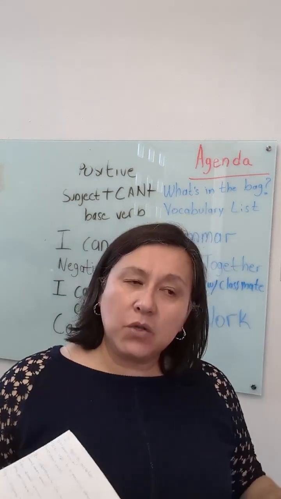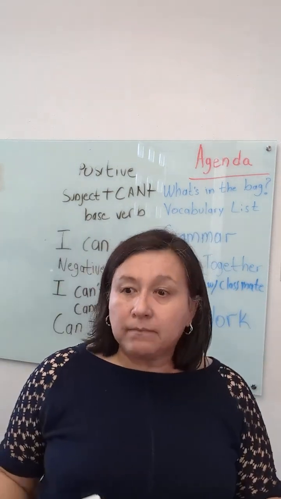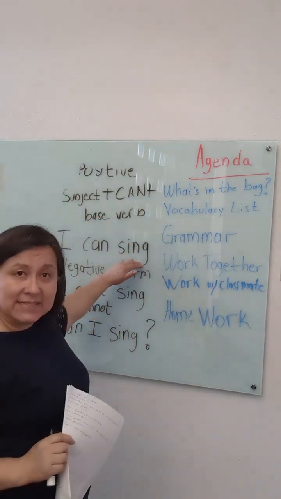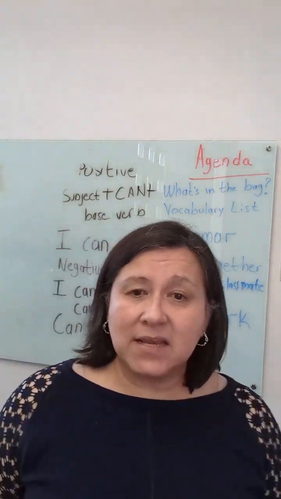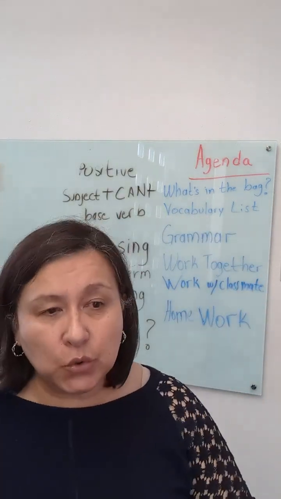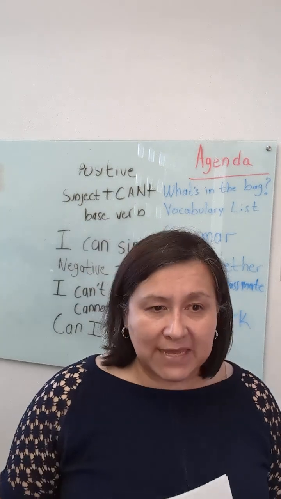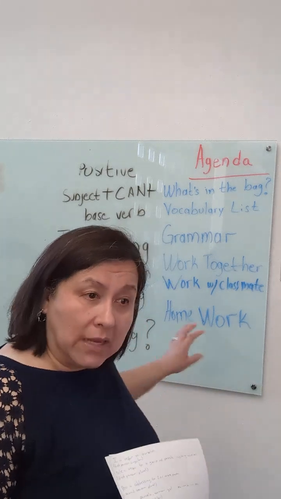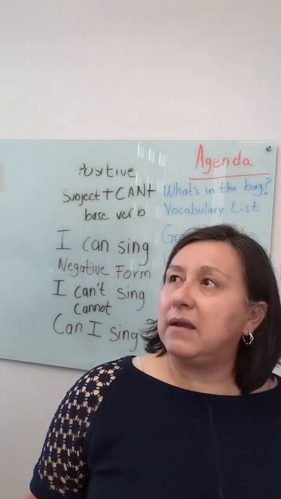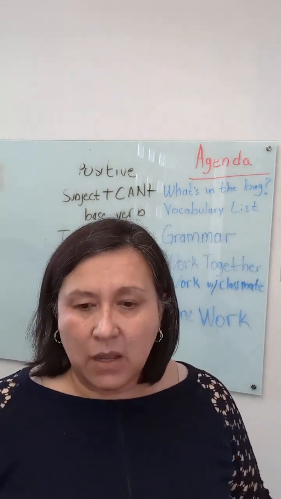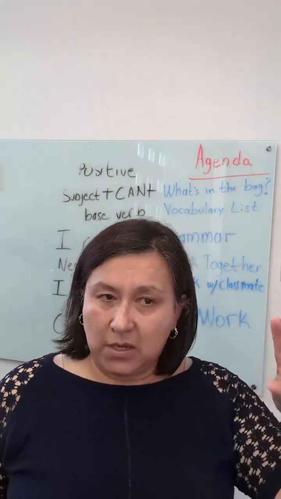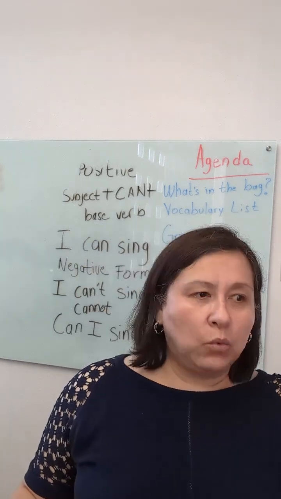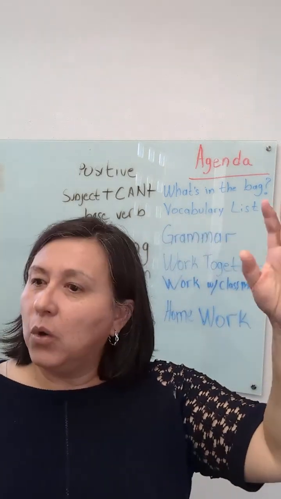And so you see how you can use all the words that you have in your vocabulary list, and then you can make sentences, and that indicates if a person is able to do or not certain things or certain activities. We also saw the question, but do you remember in other classes we learned the 5 W's. What are those? What, why, when, how, who.